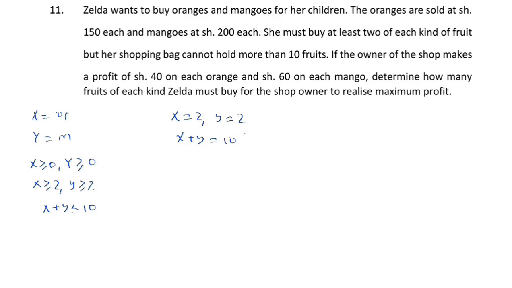Since the aim is to realize the maximum profit, we have the profit for each fruit. The objective function is going to be f(x, y) max equals 40x plus 60y. Here, we need to find the possible values of x and y that will give the maximum value of the function. The values can be obtained from the graph.